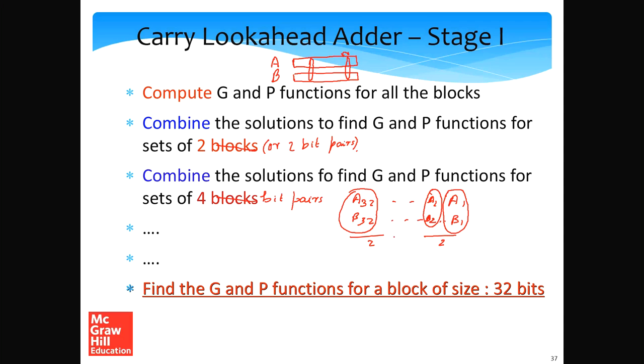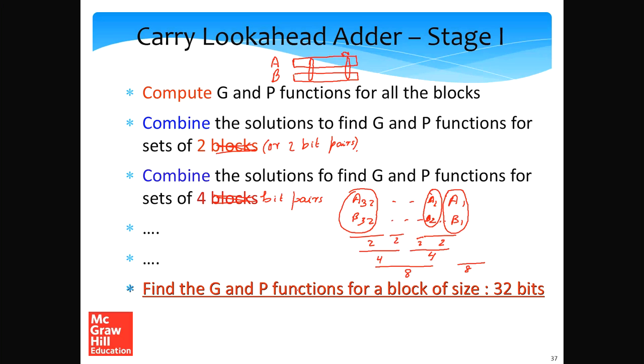Then we take all the solutions for 2-bit blocks and get solutions for 4-bit blocks. Solutions means GNP functions. Then we combine the solutions for 4-bit blocks and get 8 bits. Then from 8 and 8, 16, and finally 16 and 16, 32. So we find the GNP functions for a block size of 32 bits at the end. A block of size 32 bits means 32 bit pairs. So instead of writing blocks here, I would rather say 2-bit pairs and 4-bit pairs.